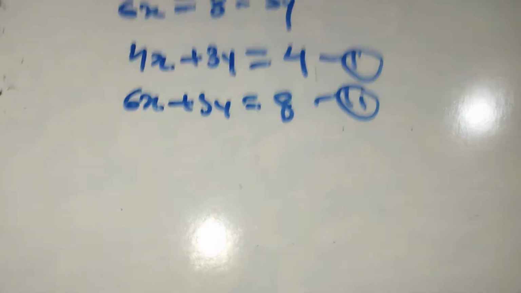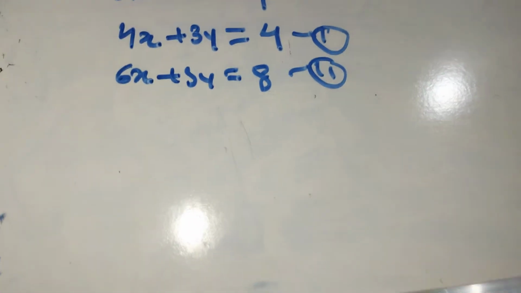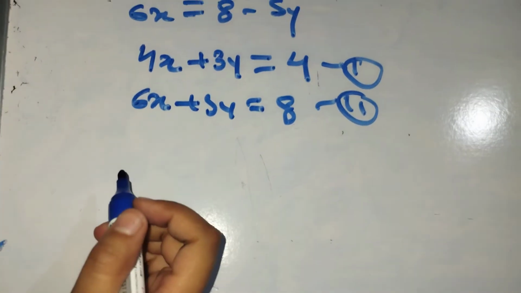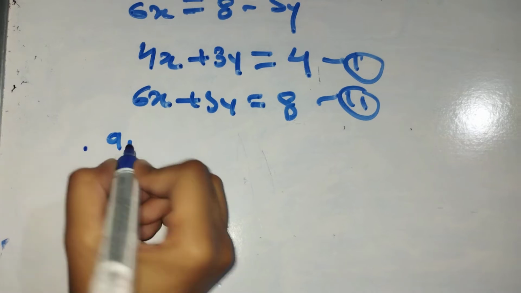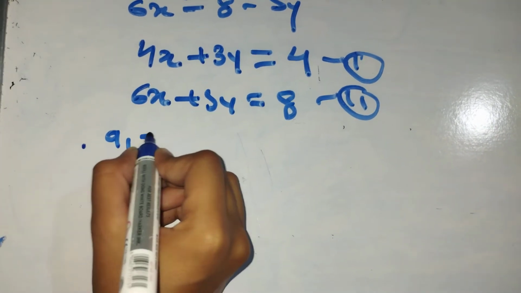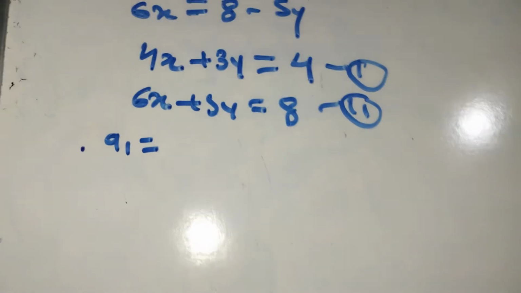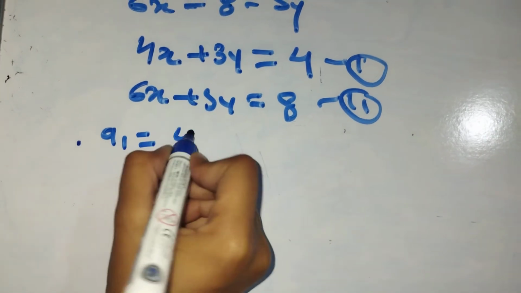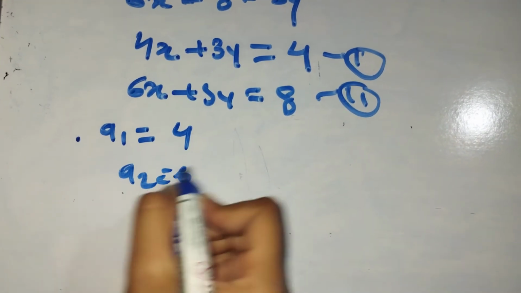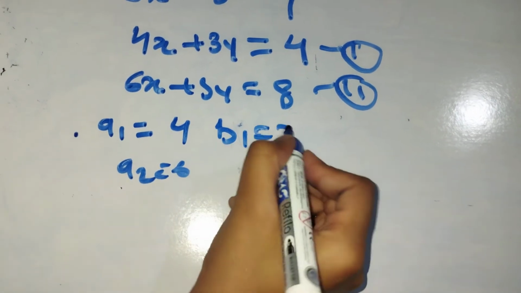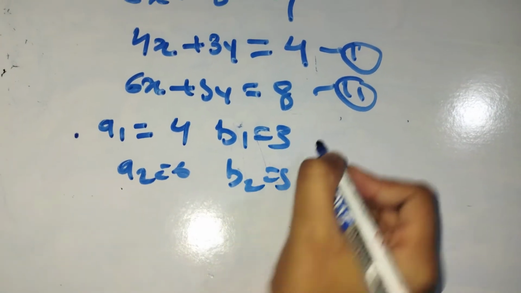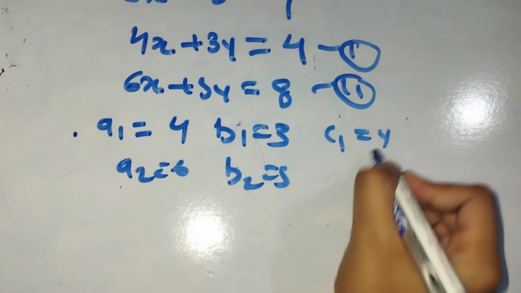Now we have to solve the equation by Cramer's rule. So how to solve it? First just put the values in the variables. A1 is 4, A2 is 6, B1 is 3, B2 is 5, C1 is 4, C2 is 8.